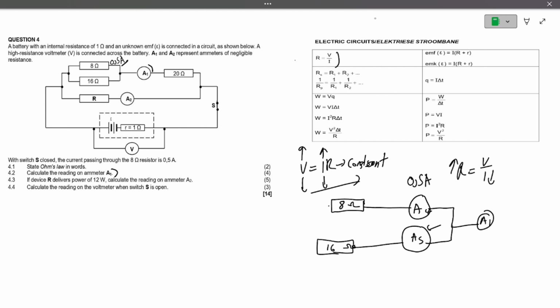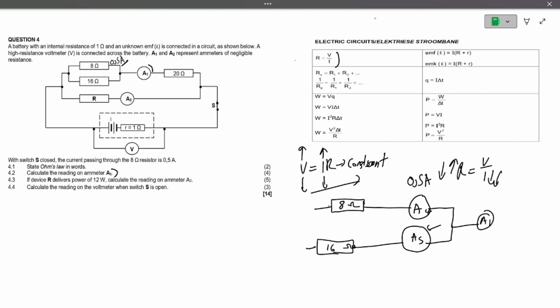Similar to here, because this resistance is 2 times that one, it will be hard for current to pass through here, but easier here, which means twice the current will pass through the 8 ohm, and half the current will pass through the 16 ohm, because R is inversely proportional to the current in this equation, and also according to the definition.